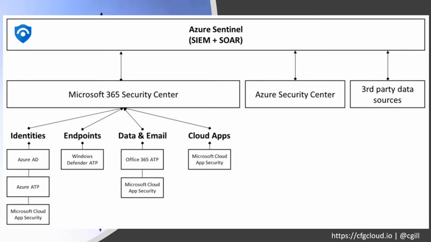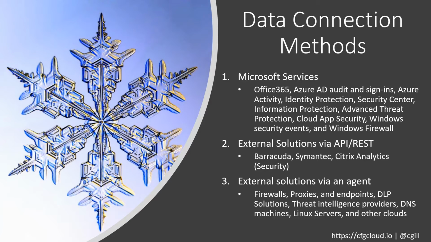Here I wanted to very briefly display how Azure Sentinel receives data from different Microsoft Intelligent Security Graph locations, as well as a number of Security Center and other third-party data sources. Those types of data sources or data sets can be broken down into these 3 data connection methods.